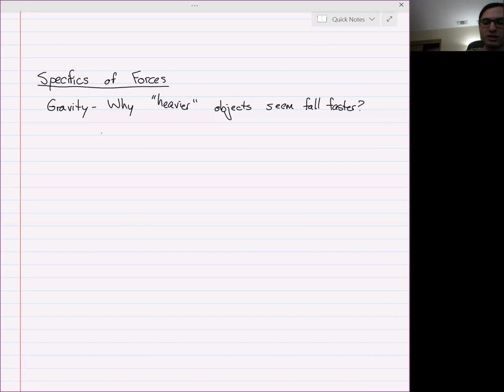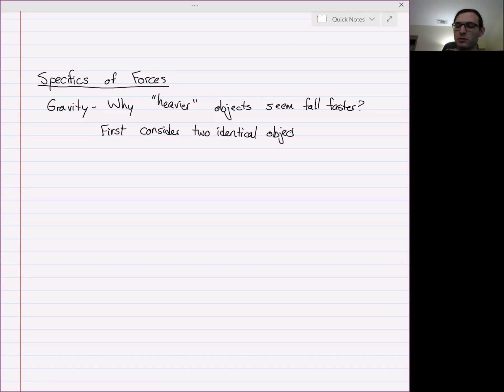So let's first consider two identical objects, identical in every way, except their mass is different. You have two identically shaped objects, identically colored objects, and all of that.